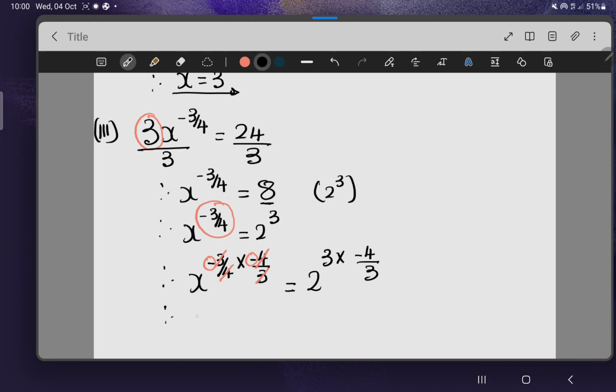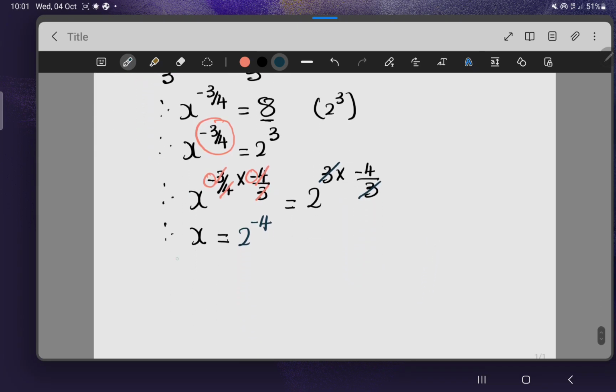Then the remaining will be x equals, on this side, 3 and 3 cancel, and the remaining will be 2 to the power of negative 4. Then such can be written as x equals 1 over 16 when you use a calculator. That is what we'll be basically doing here. Very interesting to work on.